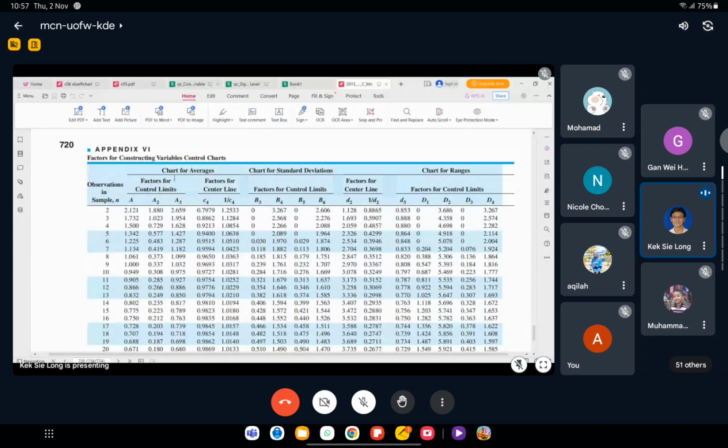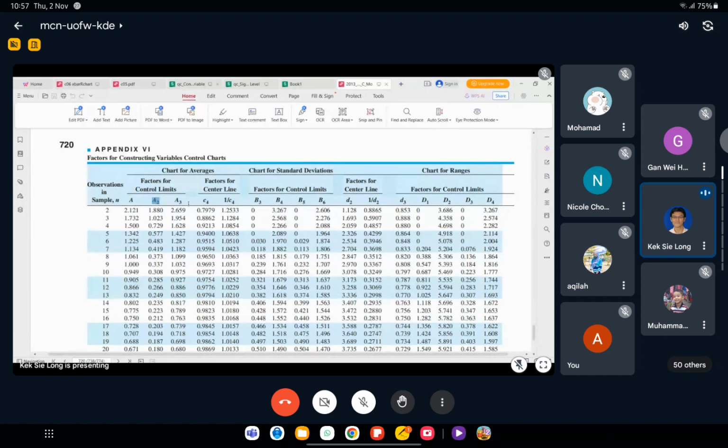You refer to the first category, chart for averages, and then refer to factors for control limit, then you find A2. There are three items, A, A2, A3.